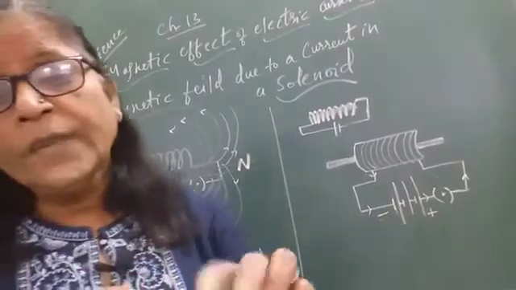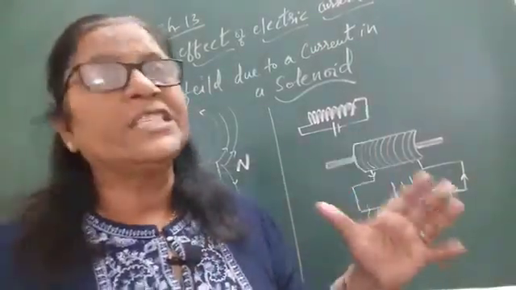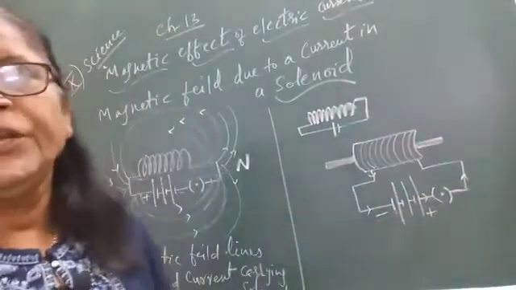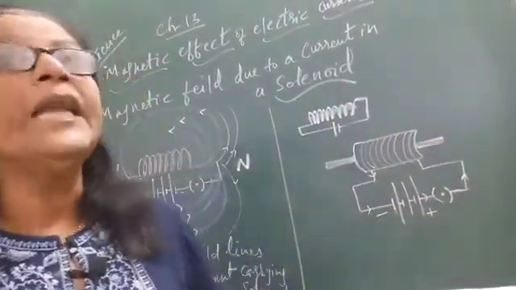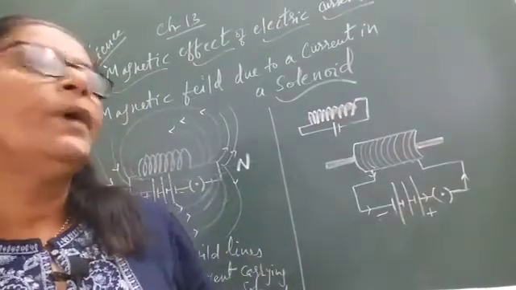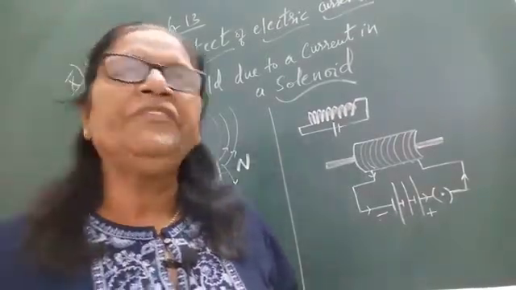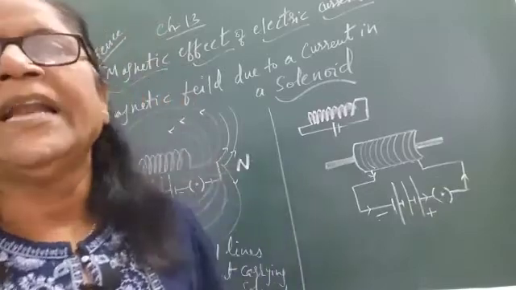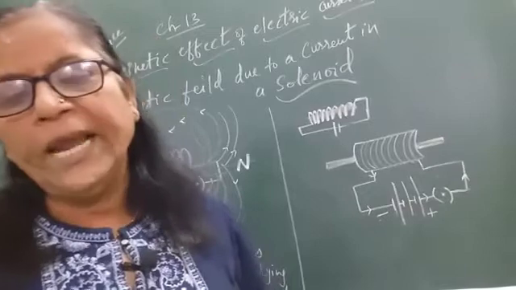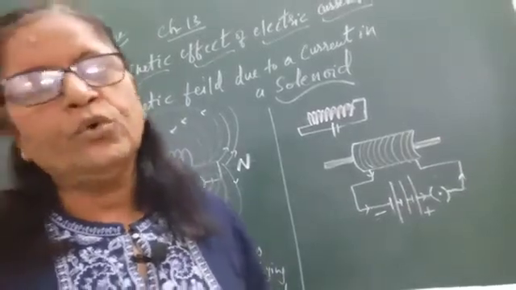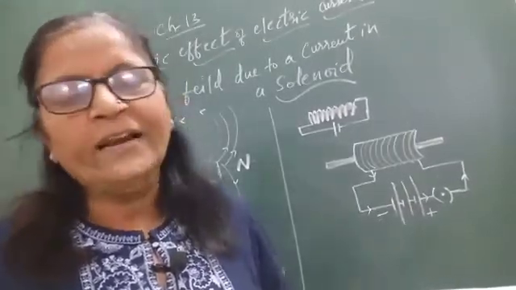Now these magnetic field lines, you can compare the pattern of the field with the magnetic field around a bar magnet. Previously we discussed the magnetic field produced by a bar magnet. Okay, so any similarities there?